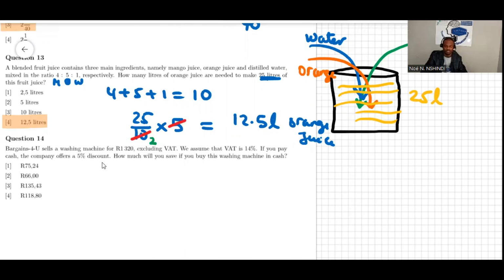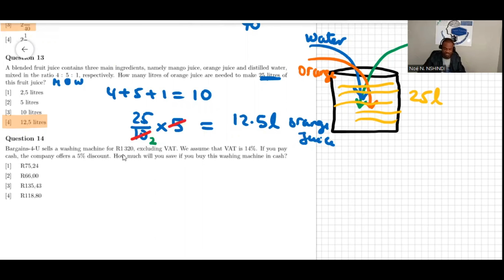So they said 1,320 rand excluding VAT. So when we buy stuff, it's going to be VAT included. VAT is 14%, so 14% of this amount.